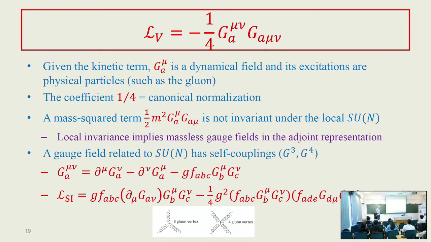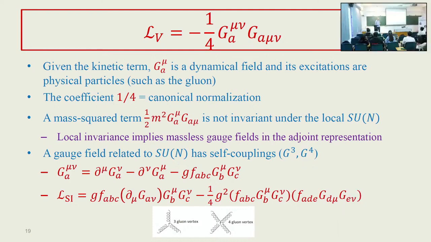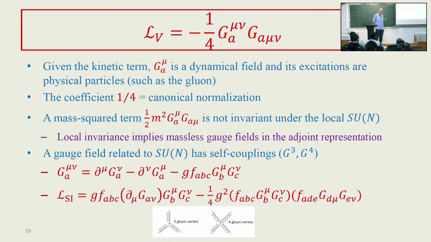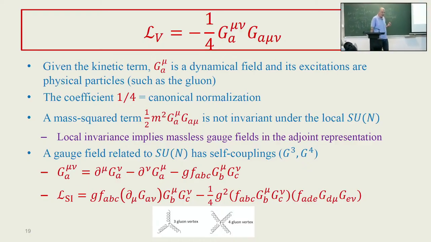You want invariance under local SU(N), you must have a vector boson in the adjoint representation that is massless. All 3 properties come just from the requirement of invariance under a local non-abelian group. Vector boson, adjoint representation, massless.